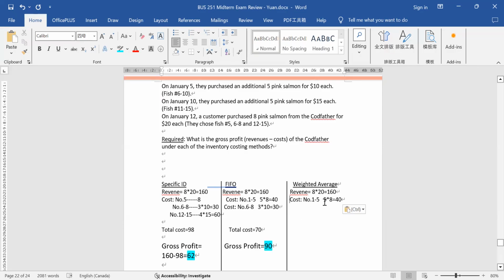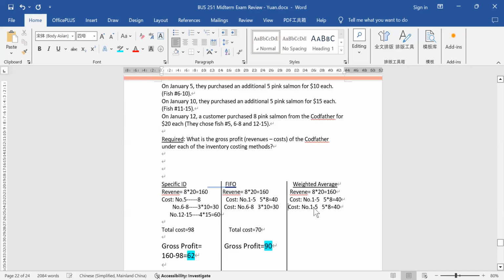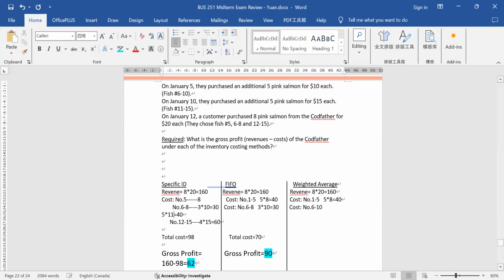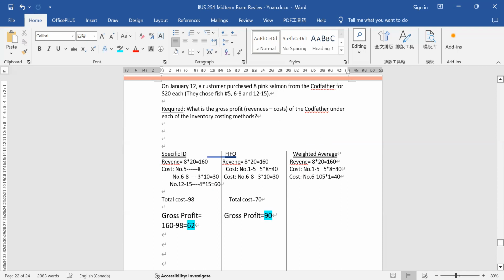So for fish 1 to 5, this is their cost, and for fish 6 to 10 the price is 10, and then we got 50.